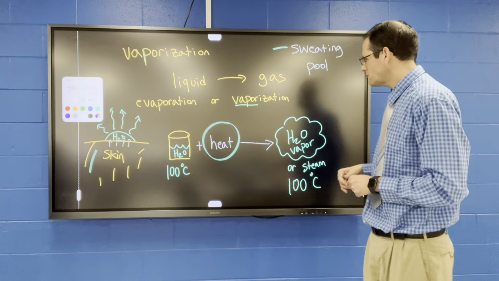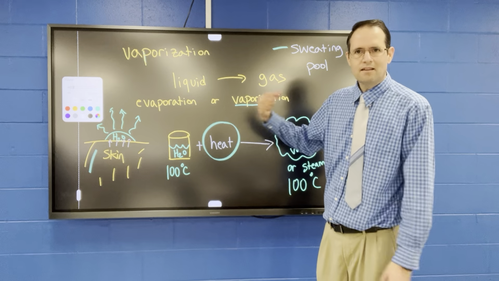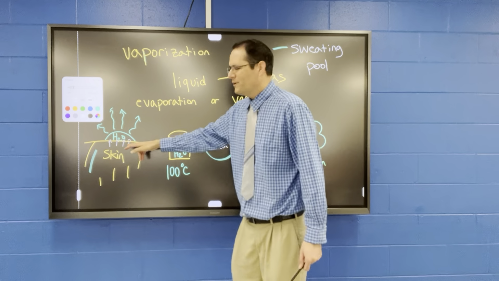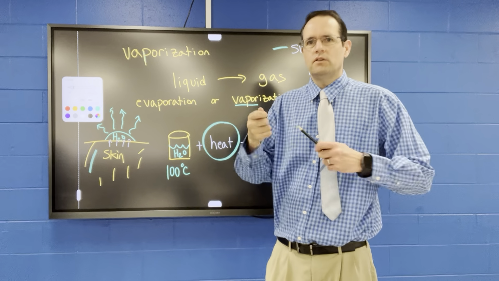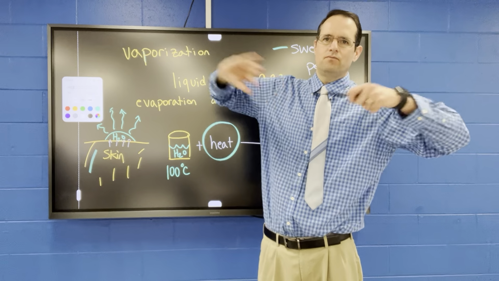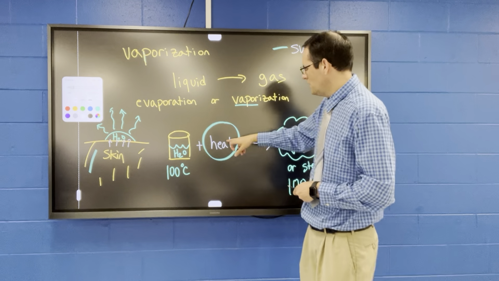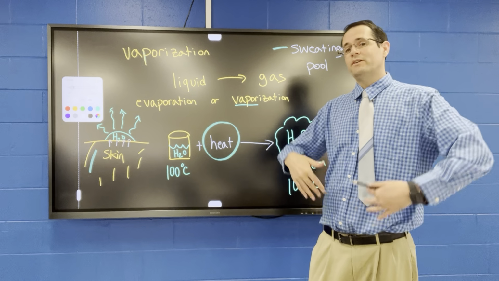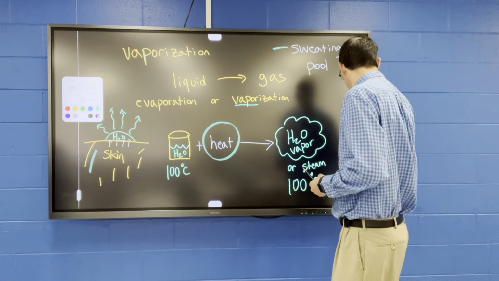So in a sense, this is the opposite of freezing. Here we need to add energy to the water molecules to make them move even more vigorously and escape the water droplet and become a gas and go zooming off into space. So we have to provide energy to do that. The reverse process is going to give off energy.